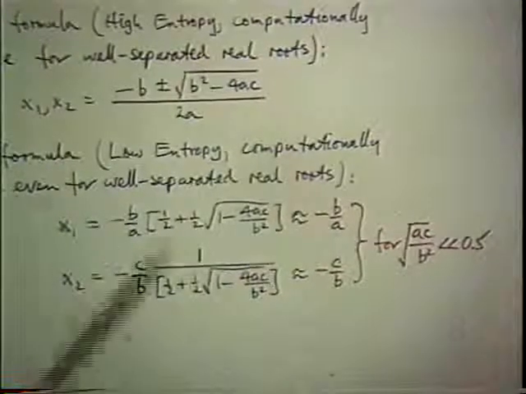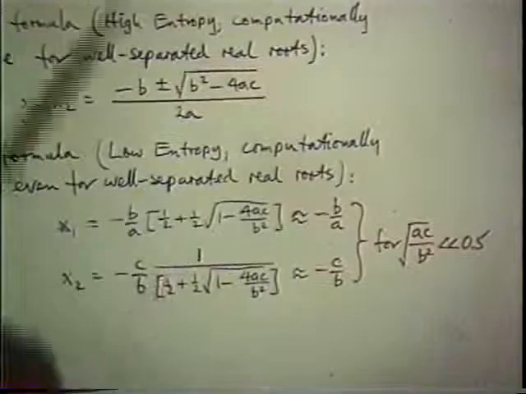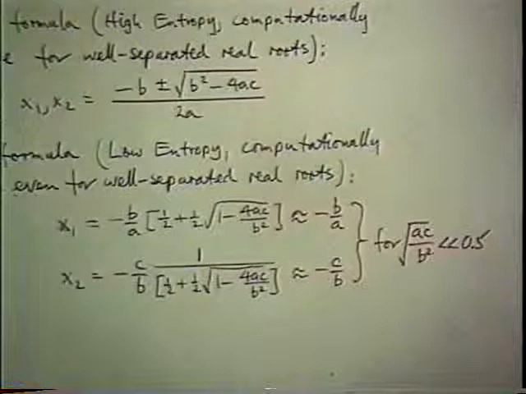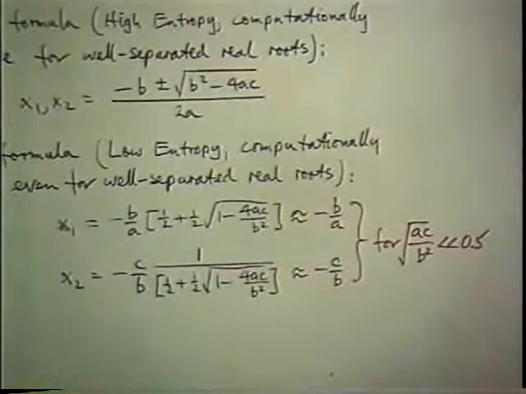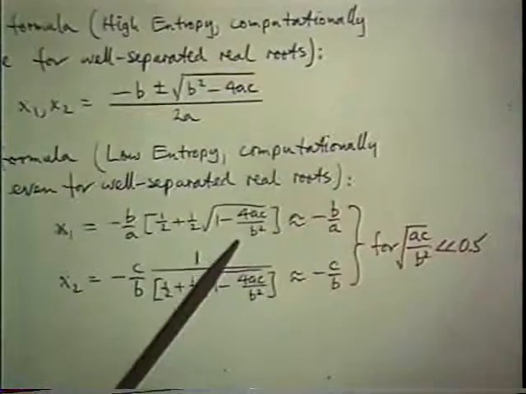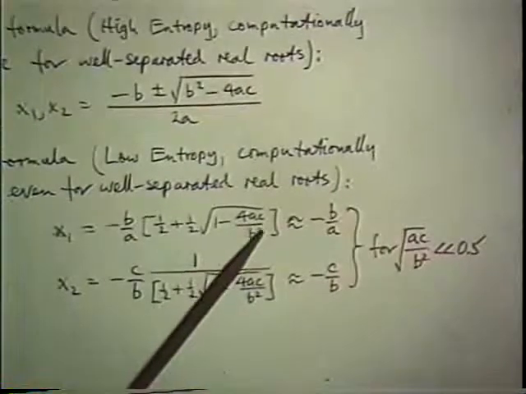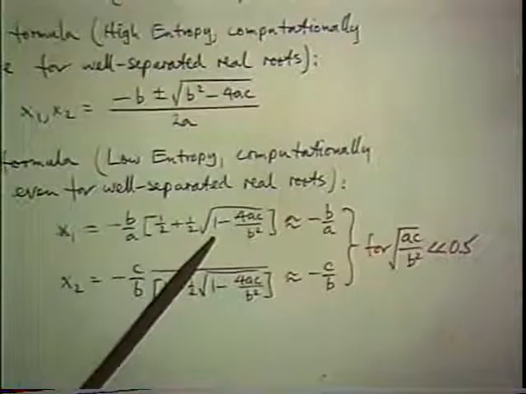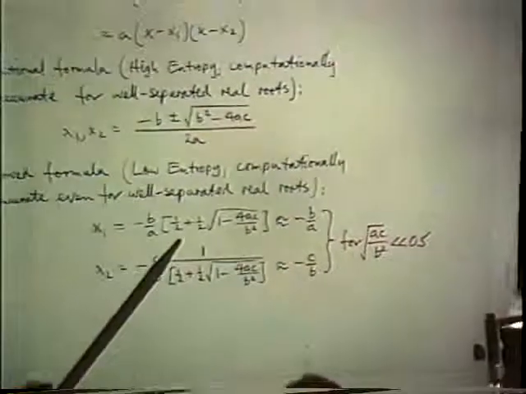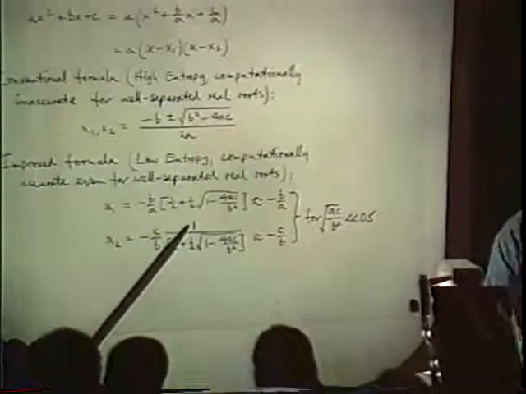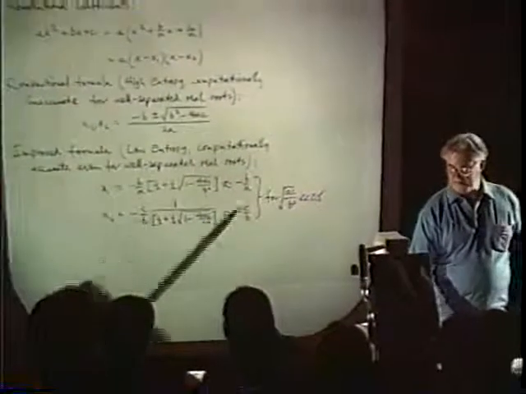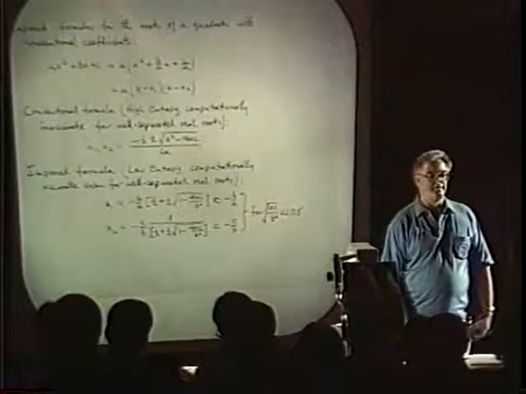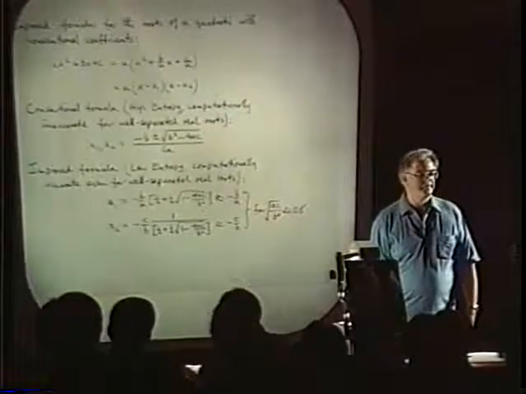Now, that solves the computational problem by that very simple rearrangement, but you notice it also solves the high entropy problem. Because whenever this square bracket is such that the 4ac over b squared is much less than 1, notice that the square bracket approaches 1. Which means that the formula reduces to simple ratios of the original quadratic coefficients. No radical sign.